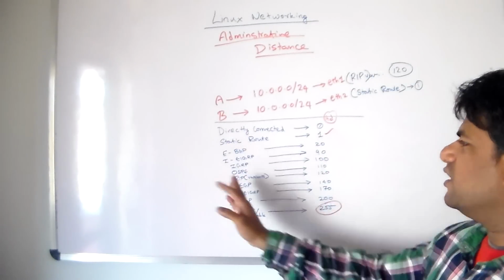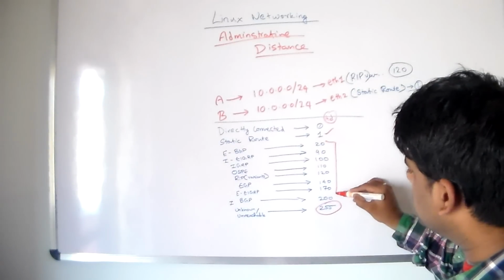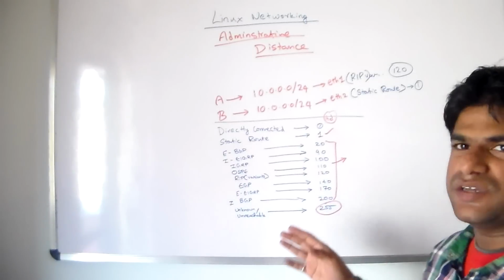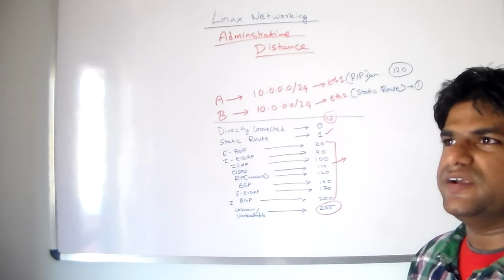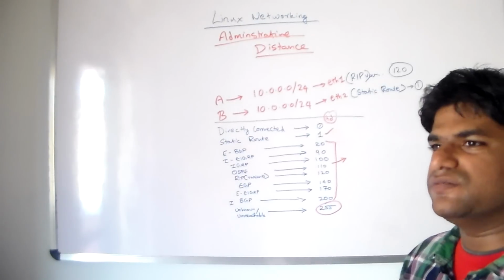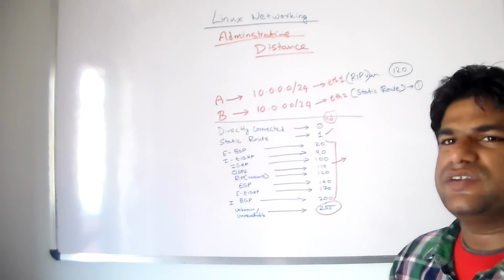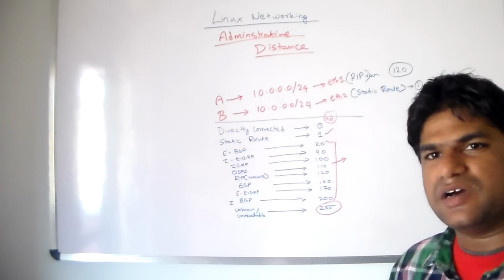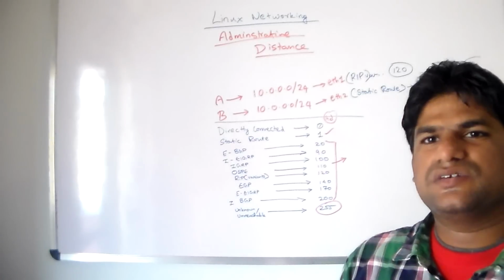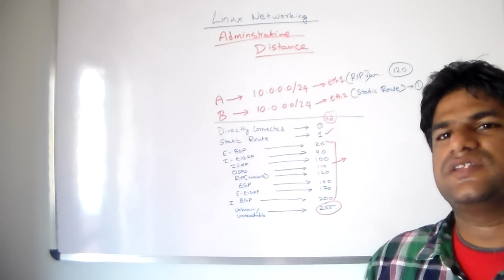So obviously these dynamic routing protocols derive the routing paths and populate the routing table dynamically based on the packet exchanges and the advertisements. As you know, the main advantage of dynamic routing protocols is that the administrators don't have to configure the routes.